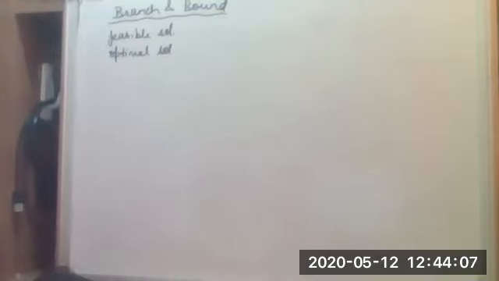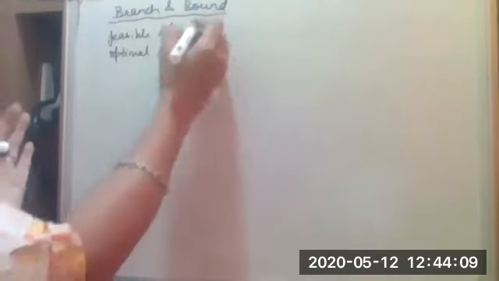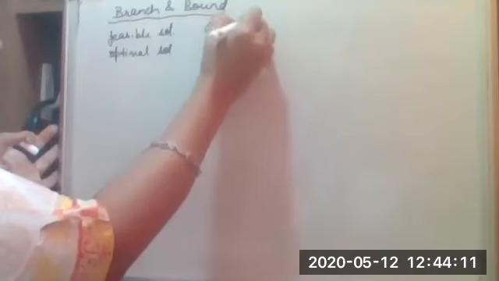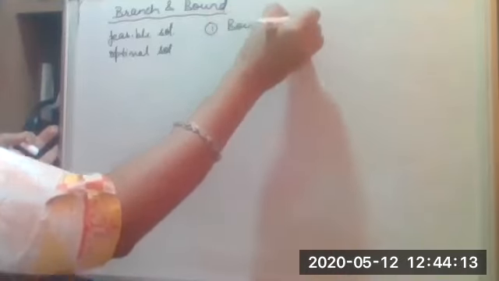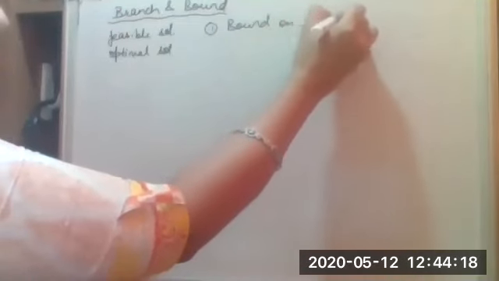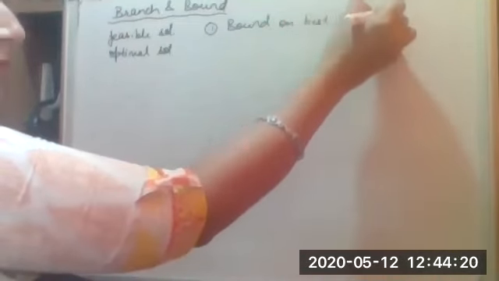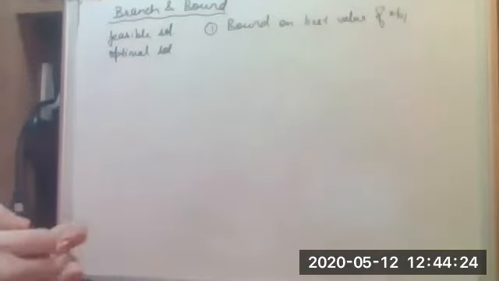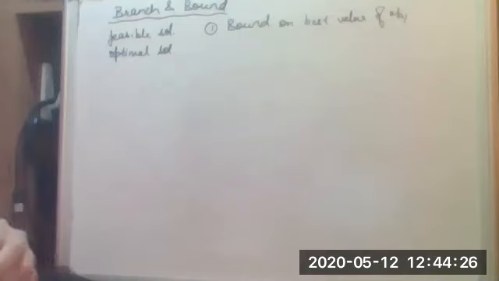One thing that it requires is that you should have a bound on the best value of the objective function. Whatever objective function you define, the constraint that you designed for it has to be met.